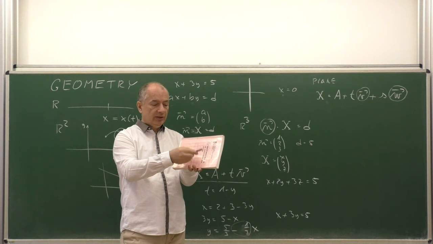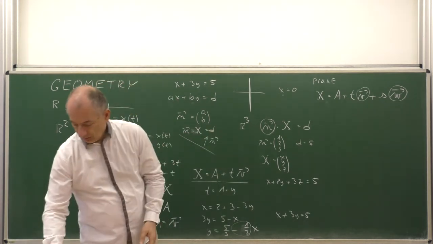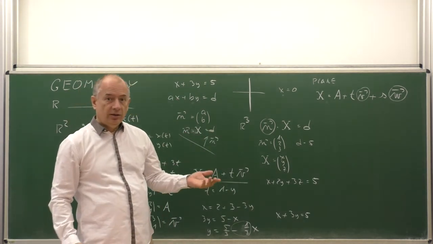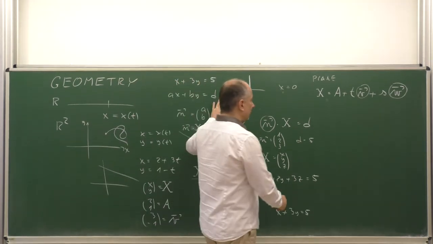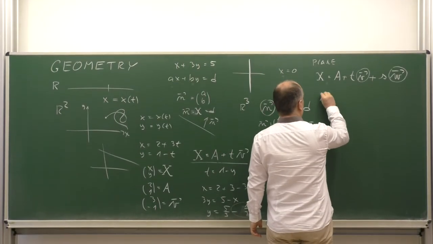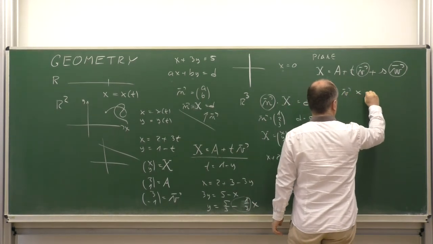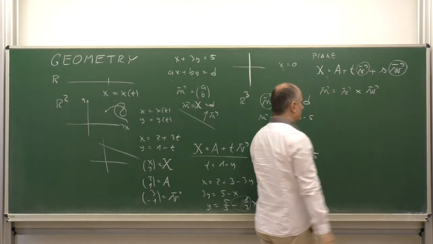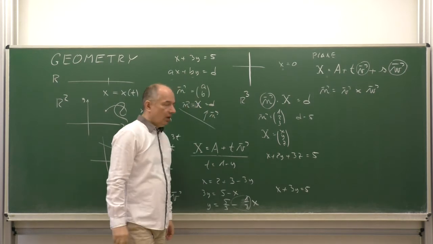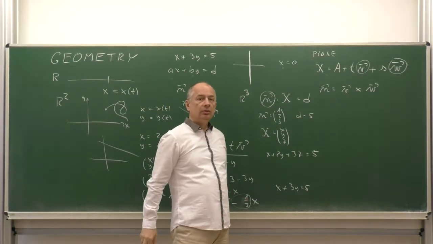So if we have two vectors in the plane and we want to find a perpendicular vector, we can consider the cross product, the vector product. So one possible normal might be v cross product w, because we know that the cross product is perpendicular to the two vectors.